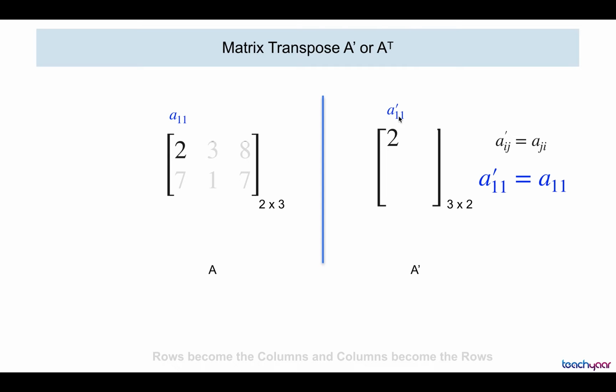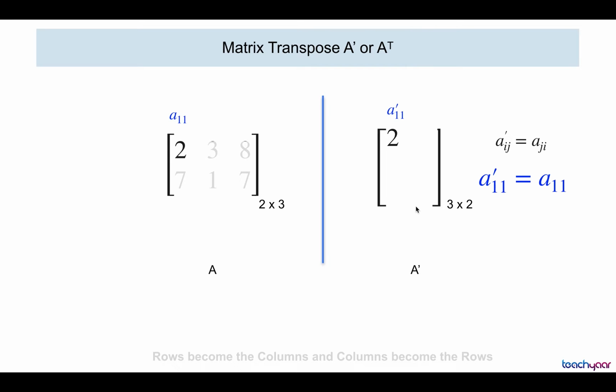So how do you find it? A bar 11, which is A bar ij where now i is 1 and j is 1, is a ji, but j is 1, i is 1. So A bar 11 is actually this element, a11. It's very simple. You take this first element and it becomes the first element of the transpose.